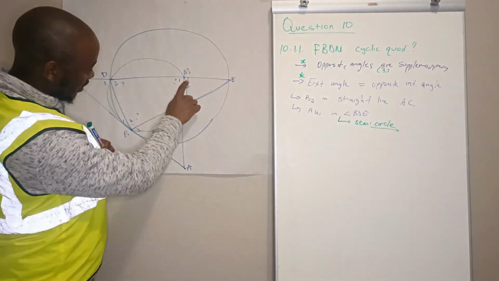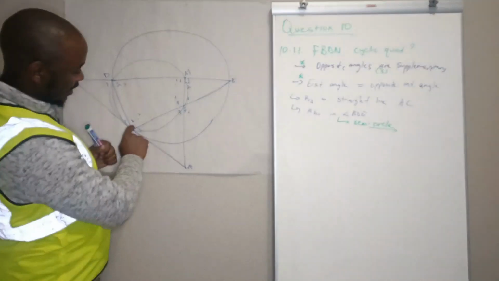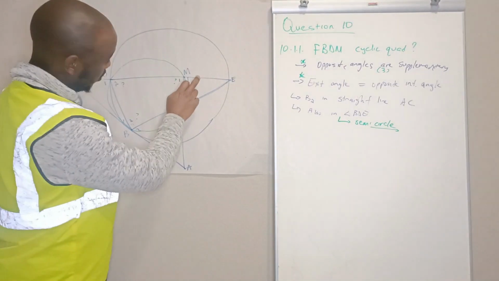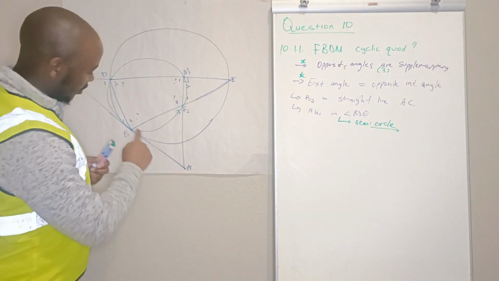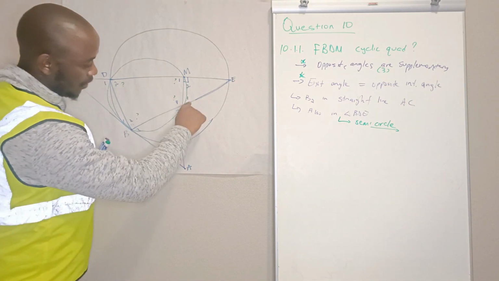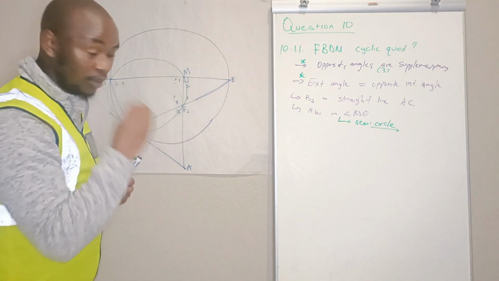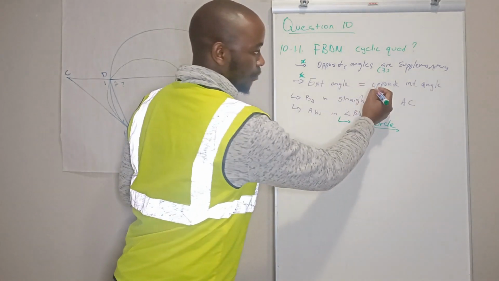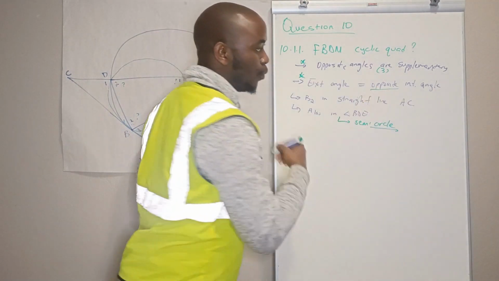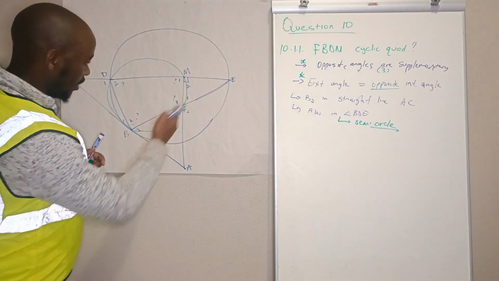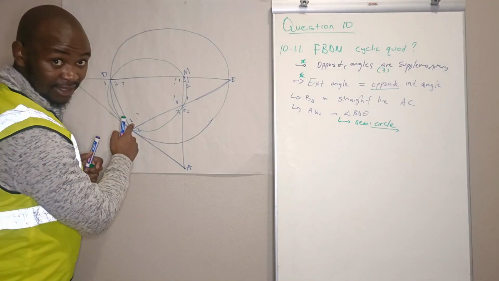So this exterior angle is equal to the opposite interior angle. Okay, so this B2 doesn't relate to F1. We must always look into the major component of this theorem, that it must be the opposite interior angle. So this is not opposite this angle.